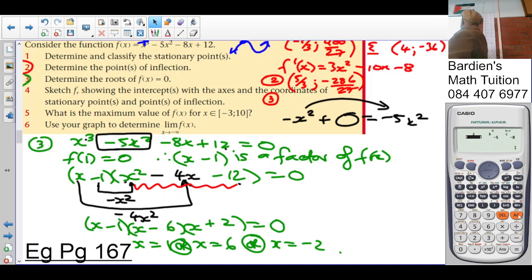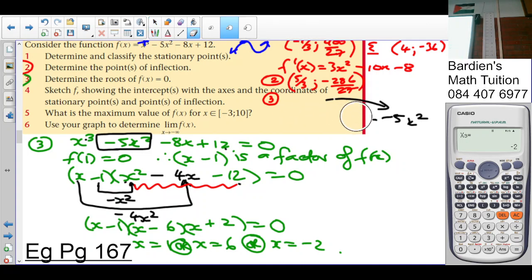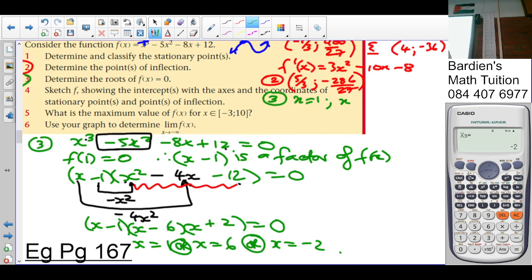Then you get 6, 1 and negative 2. Okay, so those are the roots. Write this up here for number 3: x is equal to 1, x is equal to 6, x is equal to negative 2.